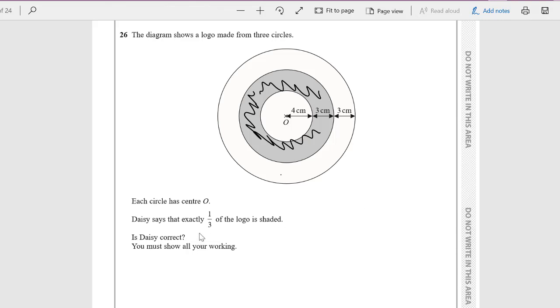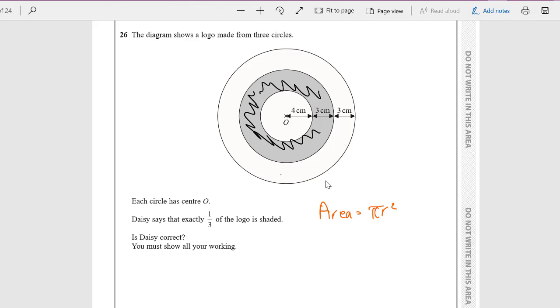To figure out whether the shaded circle is exactly 1/3 of the logo, we think about the area, and we know that the formula for the area is pi r squared, right? And we're going to be working in terms of pi to make it a little bit easier and to avoid rounding up and rounding down errors.